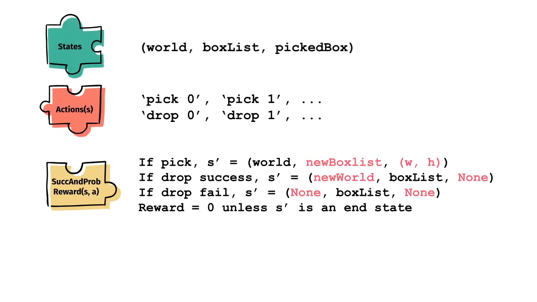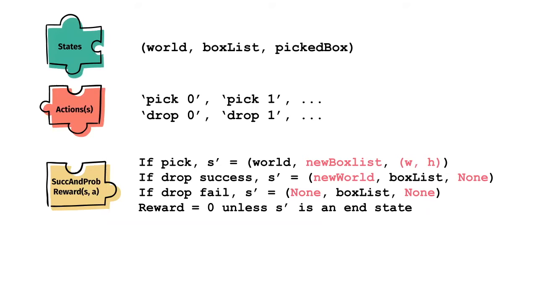The success and probability reward function gives us a set of transitions to new states, each with a probability of 1 and reward, which is 0 in most cases. After each drop, we have a function that checks whether or not the stack goes out of balance, based on whether or not the center of gravity of the box is protruding.